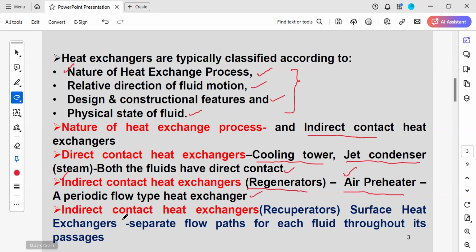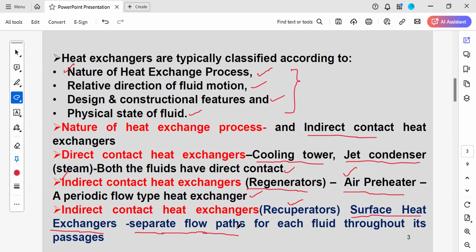One more example of indirect contact heat exchangers is recuperators. Recuperators are called surface heat exchangers. In surface heat exchangers, the hot fluid and cold fluid are separated, with separate paths for each fluid. That means the hot fluid and cold fluid are separated by means of walls or surfaces, circular surface or rectangular surface, whatever the surface may be.